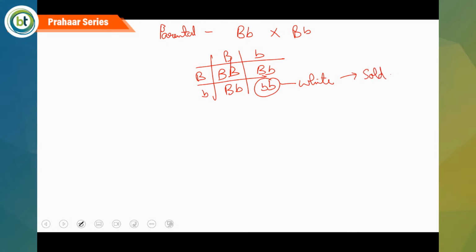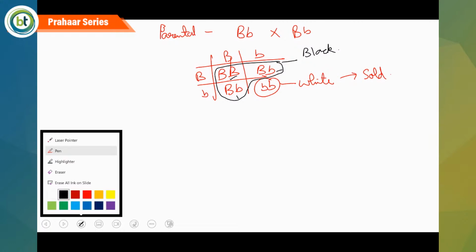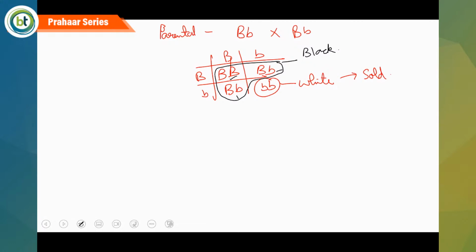Whatever is left is black. Now, in the black rabbits, what do you have? We have either homozygous dominant or heterozygotes. Now, if you take 2 homozygous dominants, are you ever going to get a small b, small b?